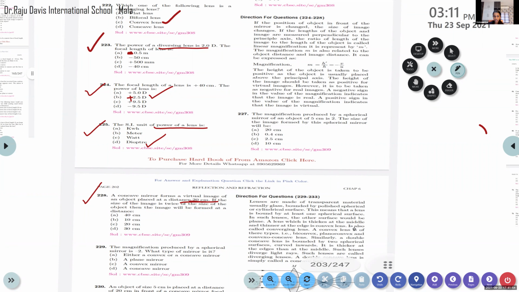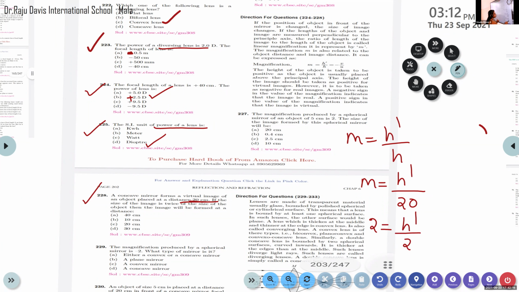Yes, we can use that equation, m is equal to h dash by h. If we take h as equal to 20, m is equal to 2, h dash divided by 20, which implies h dash is equal to 20 into 2, that is equal to 40 centimeter can be the answer.